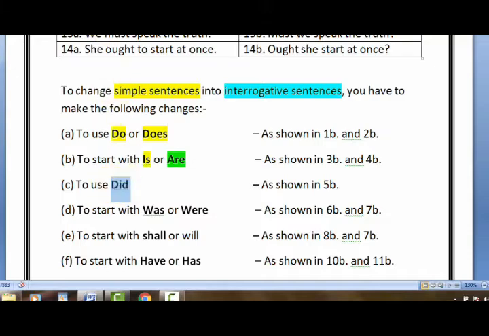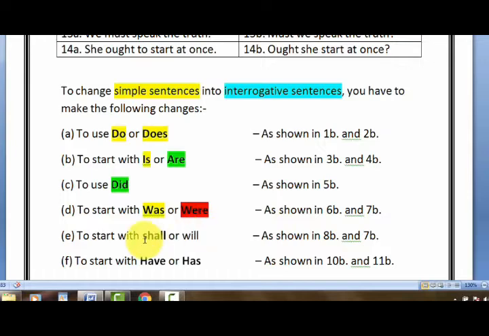So you have to remember those things that are given. You can see here was and were. I have used them in 6b and 7b in interrogative sentences.